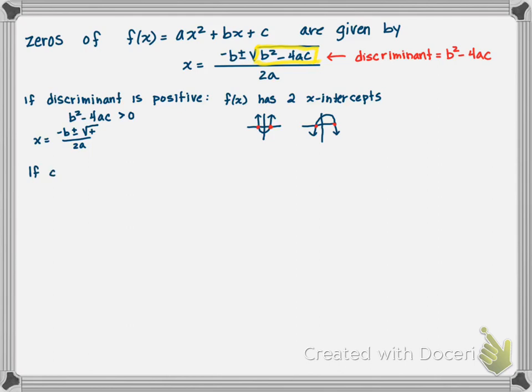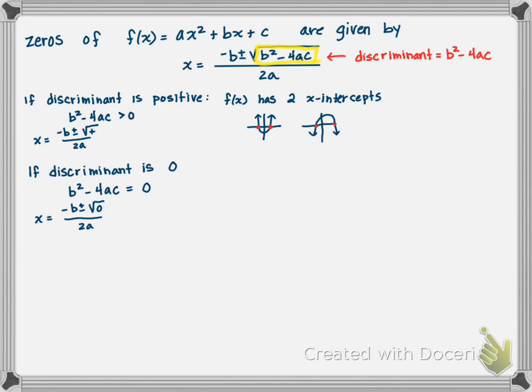If your discriminant is 0, so if b squared minus 4ac equals 0, we're in a situation where x equals negative b plus or minus the square root of 0 over 2a. Remember, when it was positive, we got one solution from adding, one solution from subtracting.